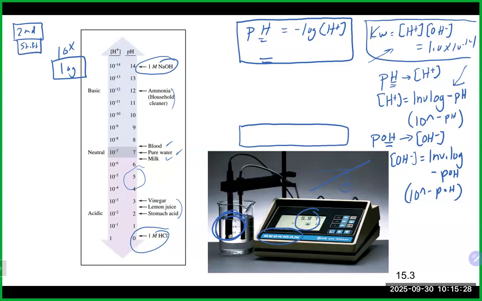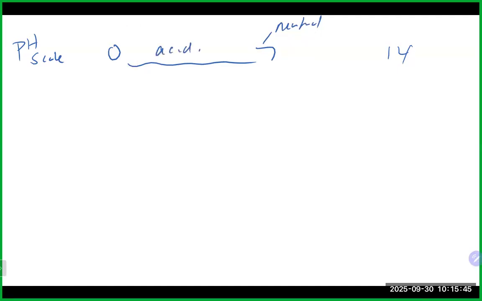Now, a really important thing that we just talked about is the pH scale, which is 0 to 7 to 14. Again, 7 is neutral, below 7 is going to be acidic, above 7 is going to be basic. As I mentioned before, the pOH scale actually runs opposite of that, but it's still 0 to 14.